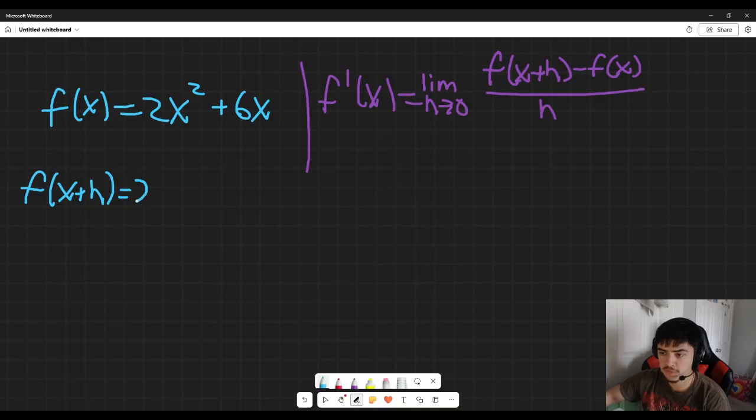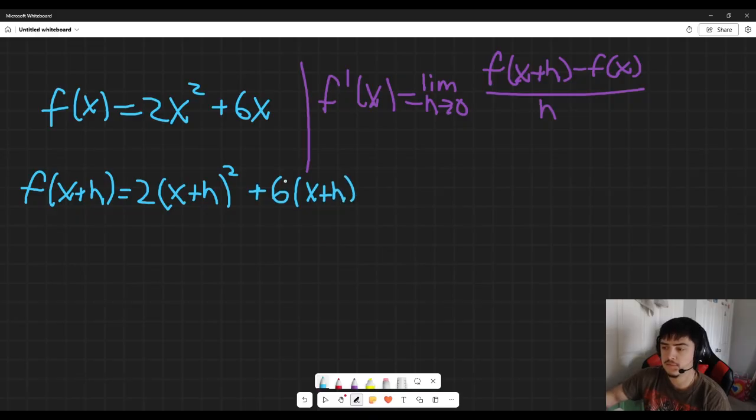So here we're going to have 2, and instead of x, we're going to do x plus h, and we have that squared. So this whole thing is going to end up being squared. Now, with this 6x, we do have an x there, so we need to plug in x plus h where we see an x, like that. And that's what's going to go in here.